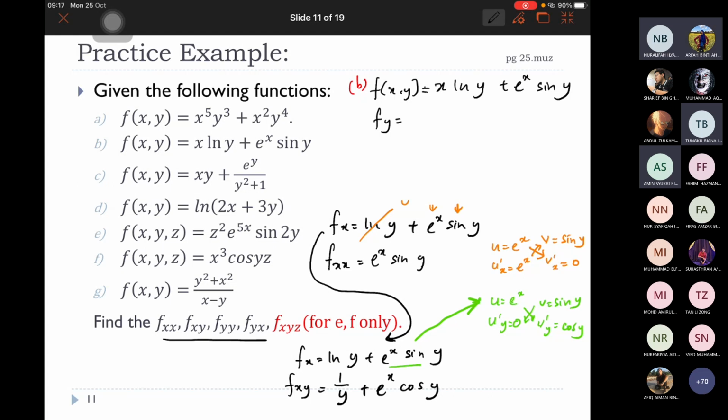Bezakan terhadap y. So bezakan terhadap y for this one.